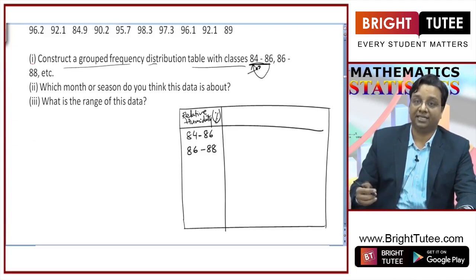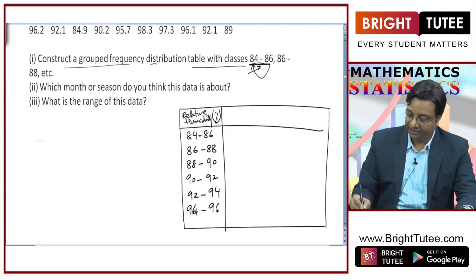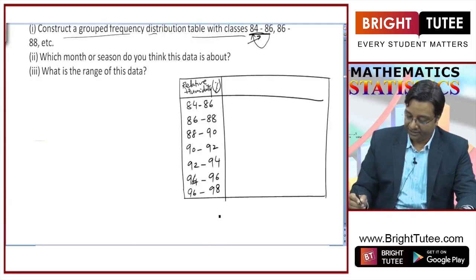So I'll maintain that class size and write the classes. 88 to 90, 90 to 92, 92 to 94, 94 to 96, 96 to 98, and 98 to 100.